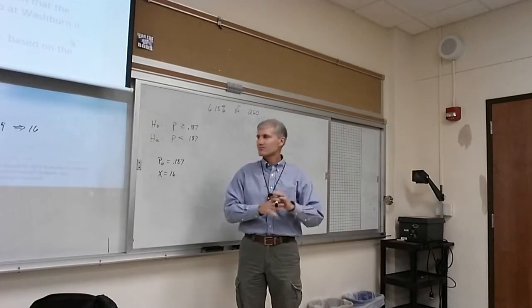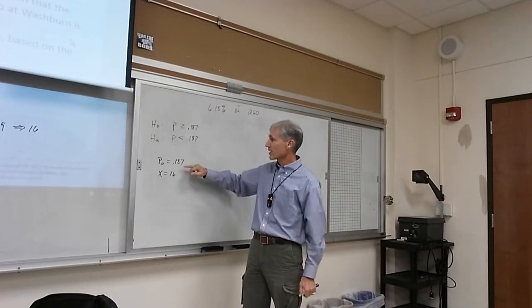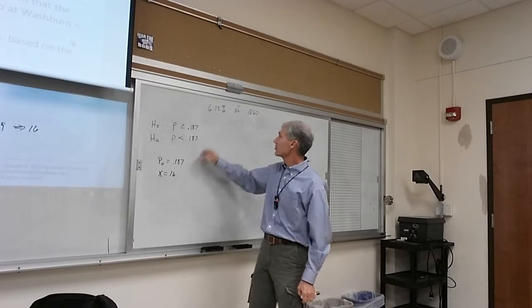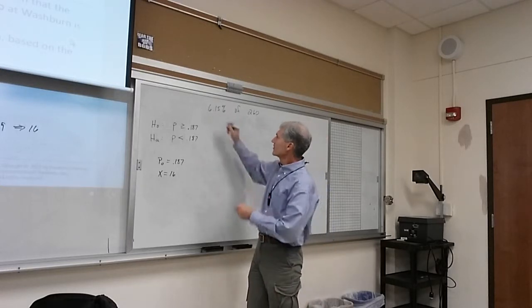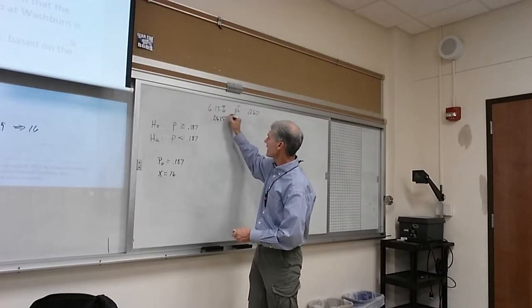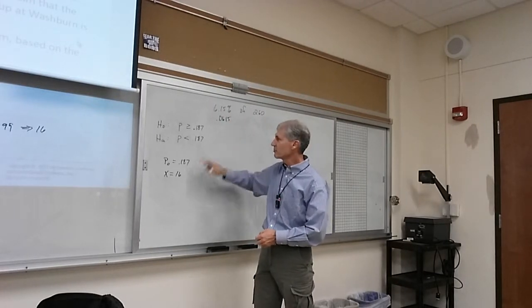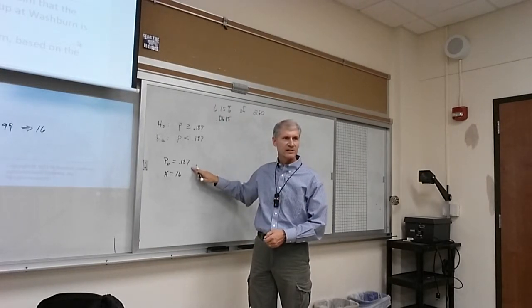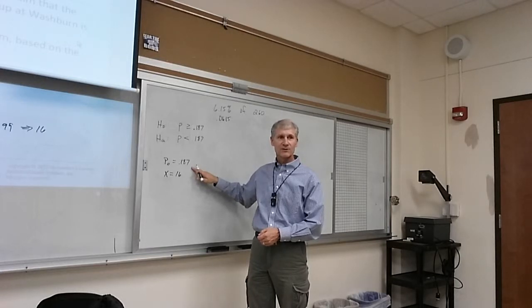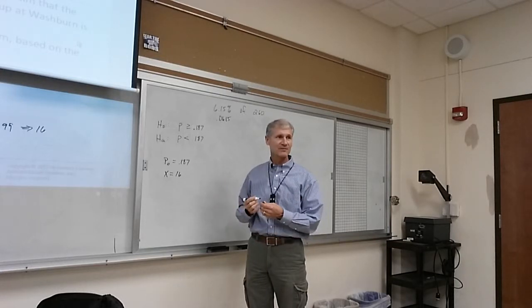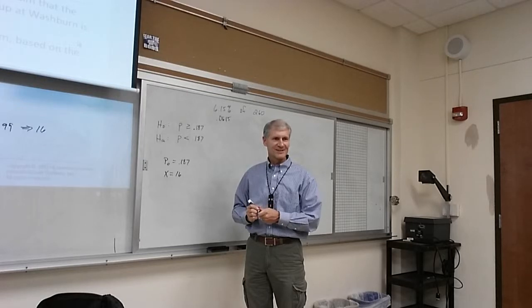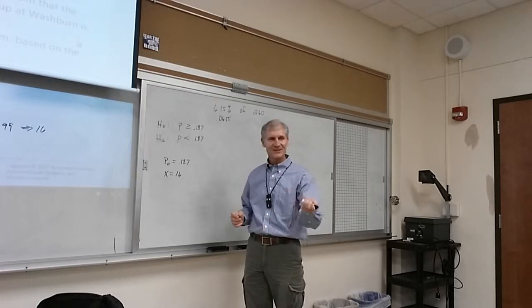If you did this, you don't have to raise your hand or anything, but a common mistake is to put this number, 0.0615, which is P hat, right there. Did anybody do that? If you do, what do you get for a p-value? Well, good, you caught yourself.